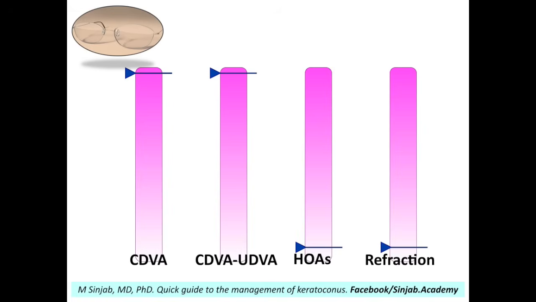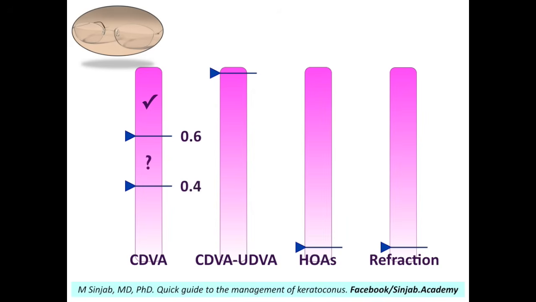Starting with glasses, there are four parameters that affect the decision. When the corrected distance visual acuity is better than 0.6 decimal, glasses are appropriate. When the visual acuity is between 0.4 and 0.6, using glasses is questionable.